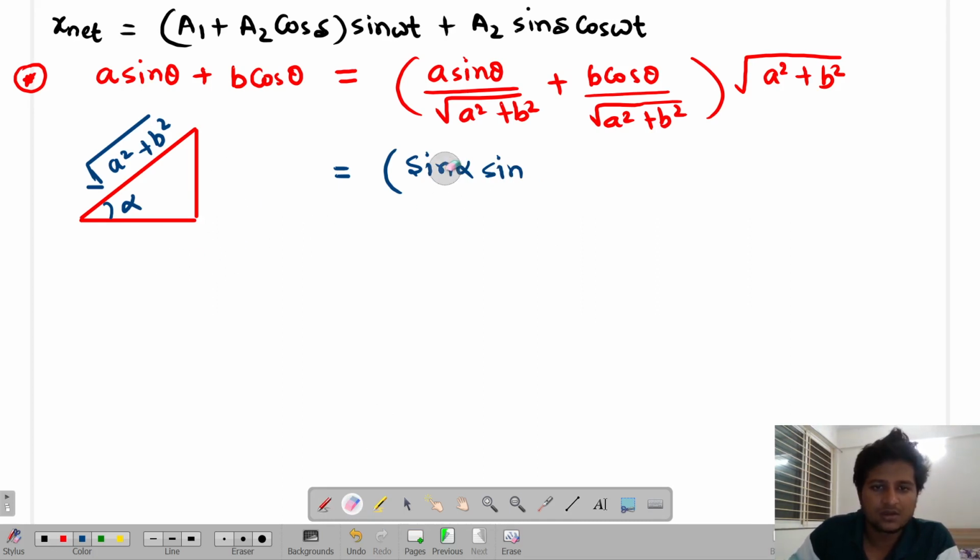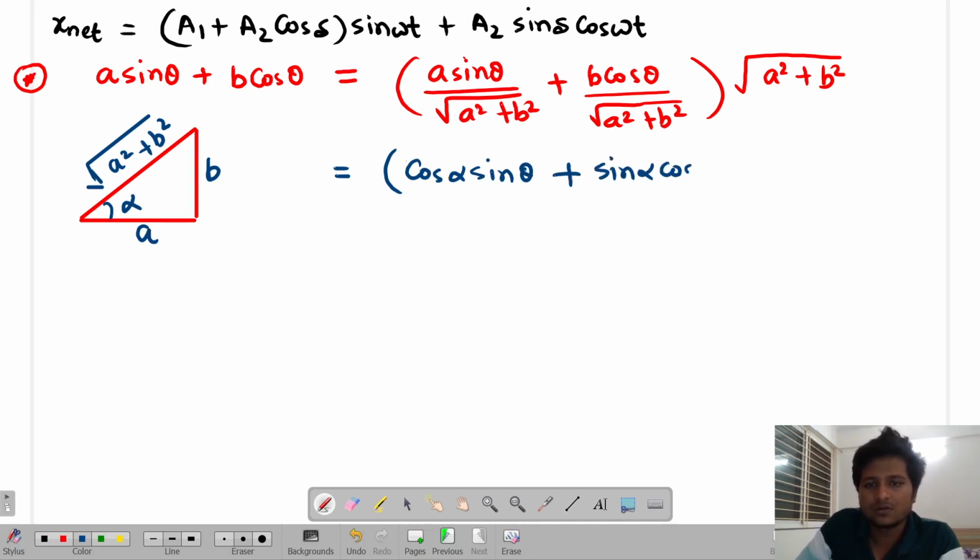This will not give the result. Let us call this b, and this a. So basically, a by root under a square plus b square will become cos alpha, or not? Cos alpha into sine theta plus sine alpha into cos theta, over root under a square plus b square.